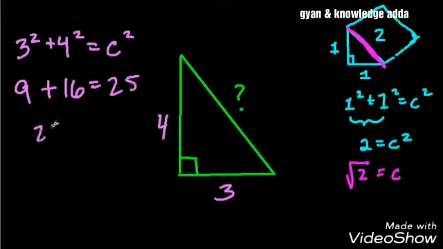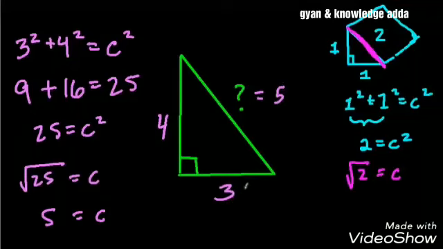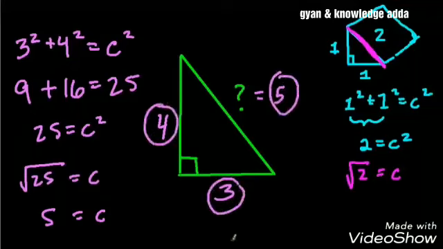Now 25 equals c squared, and c equals the square root of 25. So c is 5, and this is a basic Pythagorean theorem approach. So here it's 5. This is one of our most famous triplets, the 3, 4, 5 triangle. It's so nice because all the sides are whole numbers, and also because all the sides are simple numbers, 3, 4, and 5.